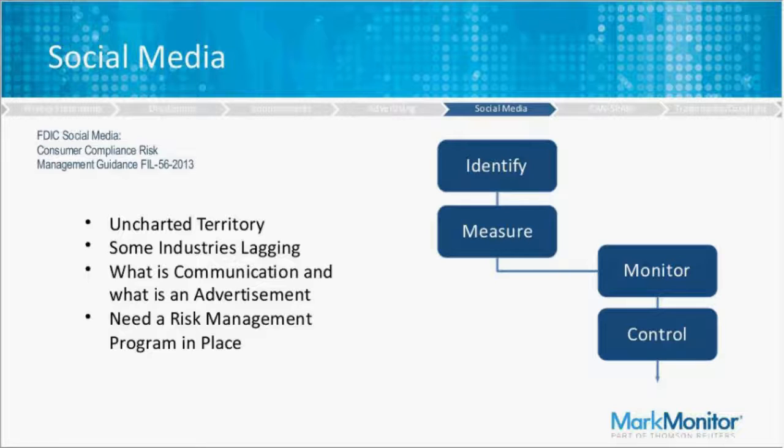From their language, a financial institution should have a risk management program that allows it to identify, measure, monitor, and control the risks associated with social media. Regardless of the size of your company, you need some sort of program in place that helps you identify, measure, monitor, and control. And even if you're in a different industry, those same guidelines will apply to you.